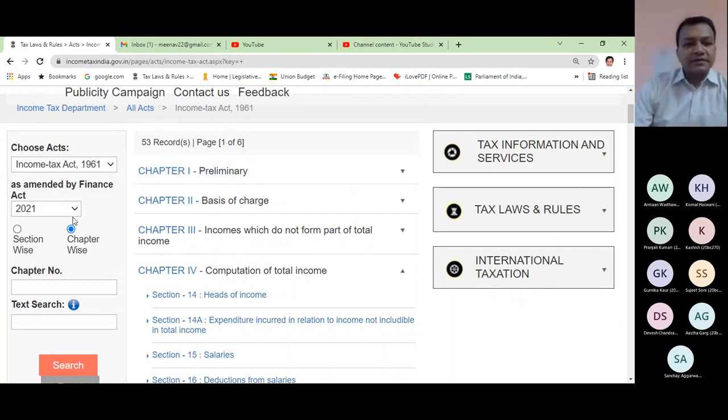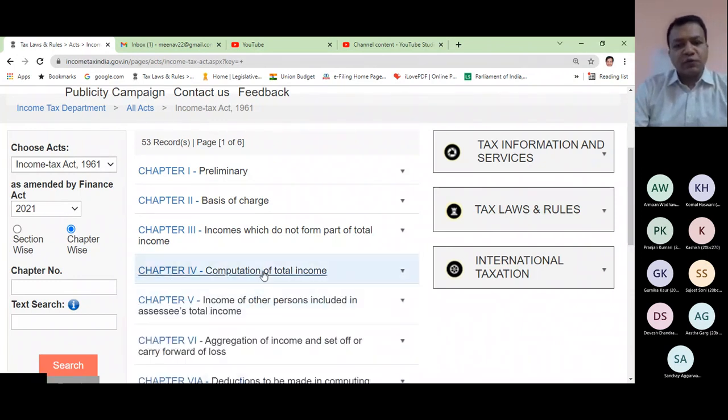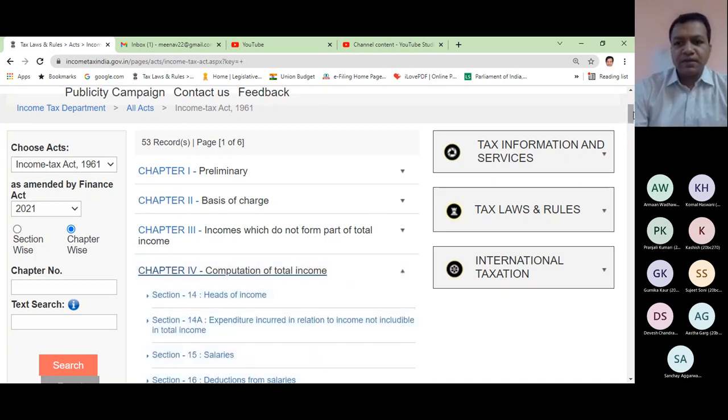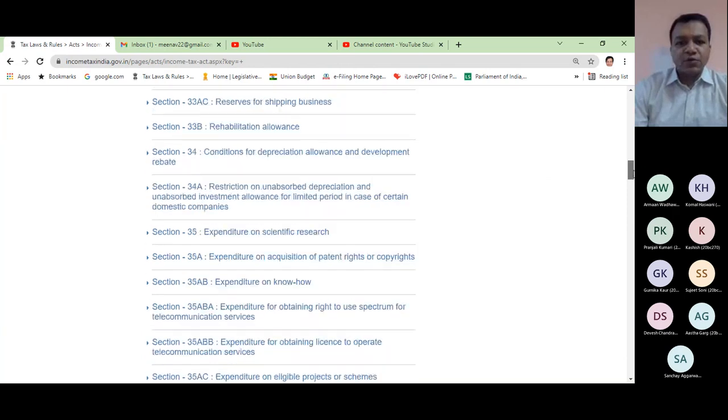So this is the Income Tax Act as amended by Finance Act 21, chapter wise. And I told you earlier also, chapter 4 is the chapter of the Income Tax Act which has all the 5 heads. Computation of total income.